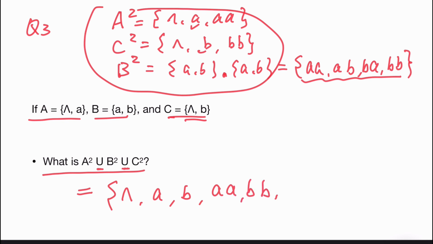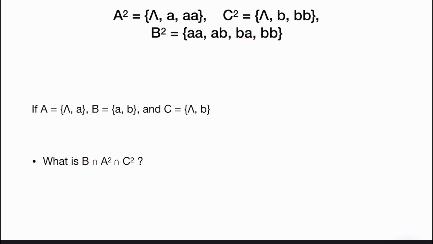And the rest we need to copy from here. Anything we have represented is these two, AB, BA. That's all.